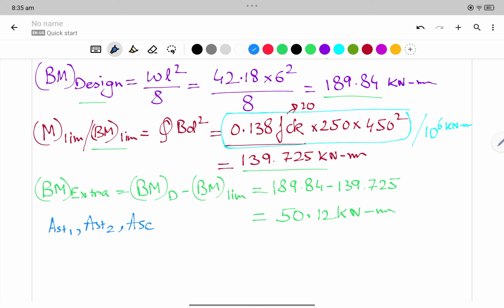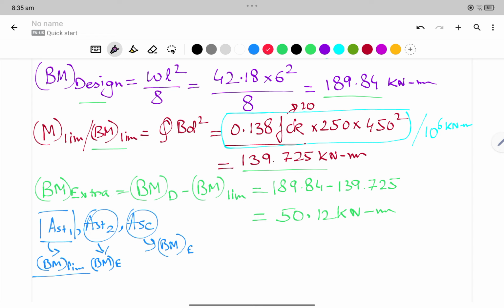This we have previously seen in singly also. Ast1 we give for bending moment limiting. From doubly these values have started, so we give Ast2 for bending moment extra, and Asc also we give for bending moment extra.